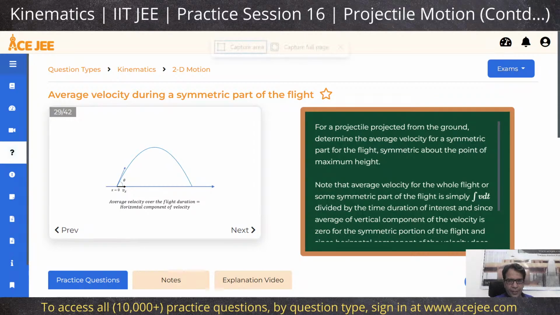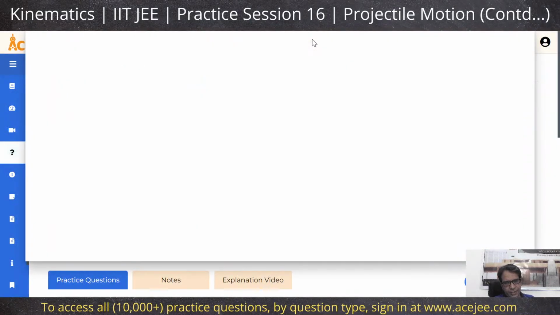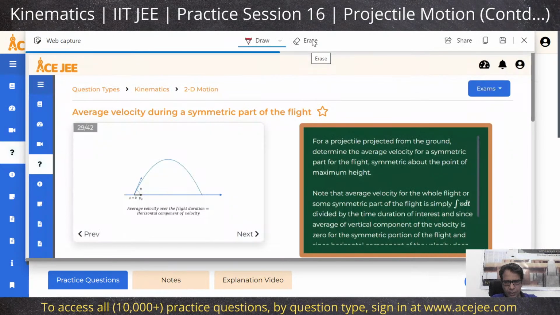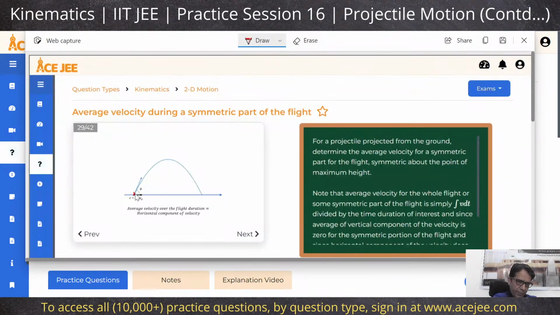For a symmetric part, let's say somebody asks, what is the average velocity between the point of the launch and the point of the landing? Let's assume this is x, this is y, origin being at the launch point, not that it matters. But what would you say is the average velocity, Vida?